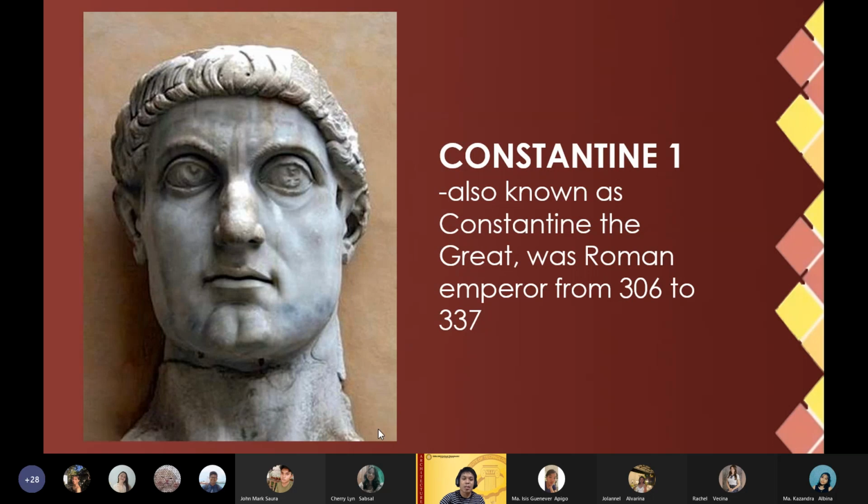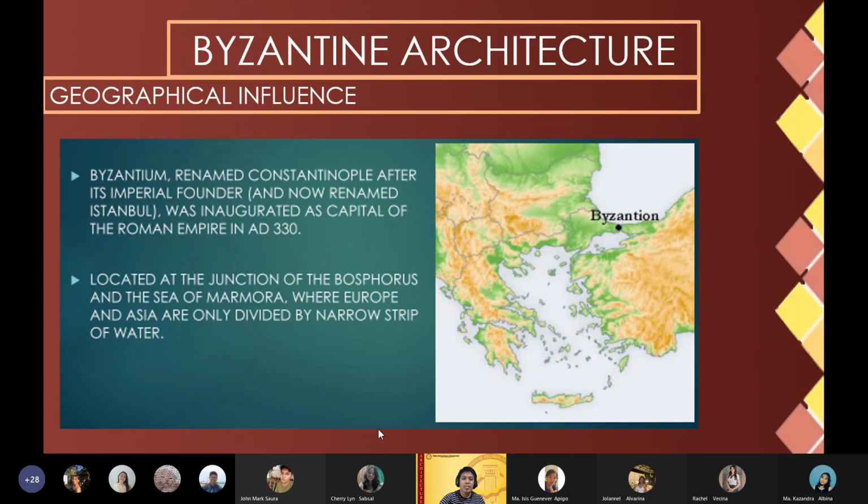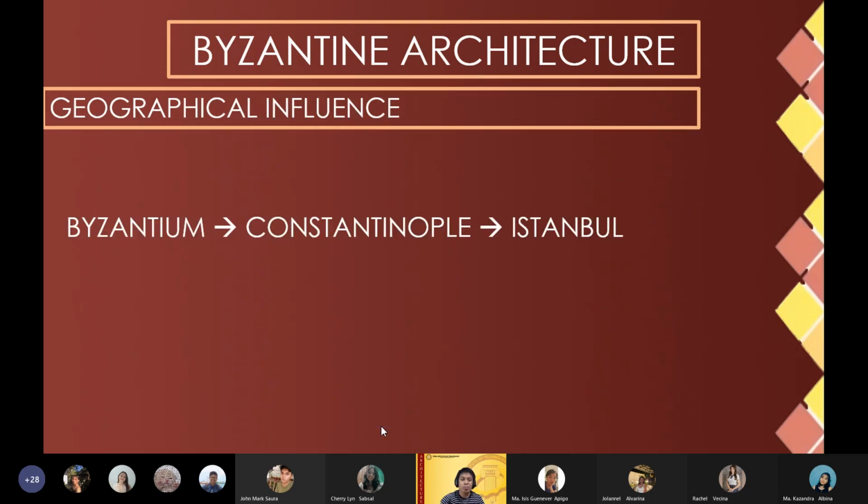So he is the one who started Byzantine architecture. The geographical influence is located in Byzantion, or also called Byzantium, which was later named after Emperor Constantine the First. He made it Constantinople, and now it is Istanbul.